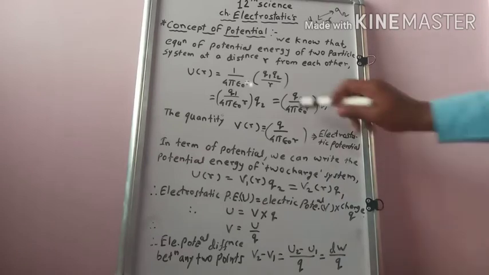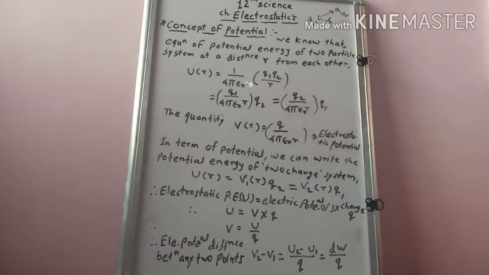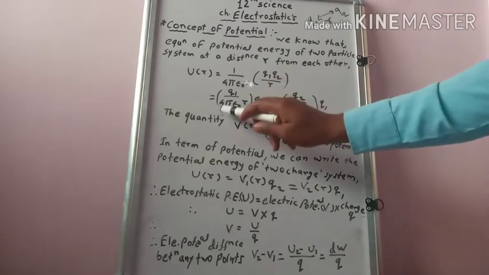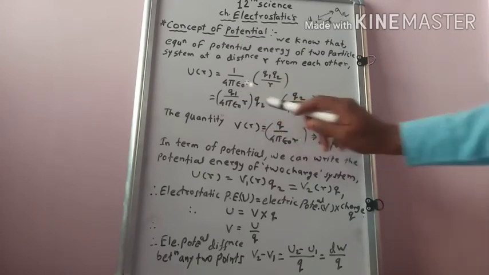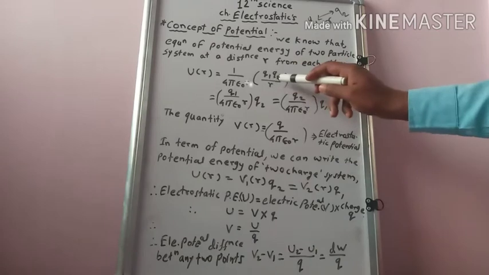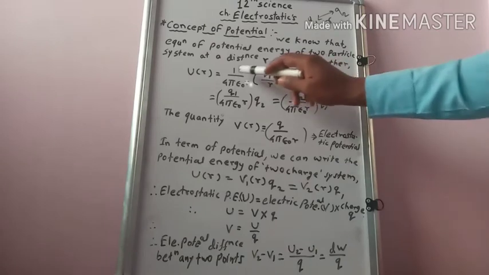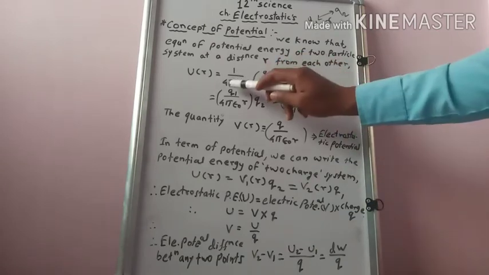Therefore, this equation of potential energy can be written in two ways. First, q1 upon 4 pi epsilon naught r, multiplied by q2. The q1 q2 upon r is also multiplied by 1 upon 4 pi epsilon naught.